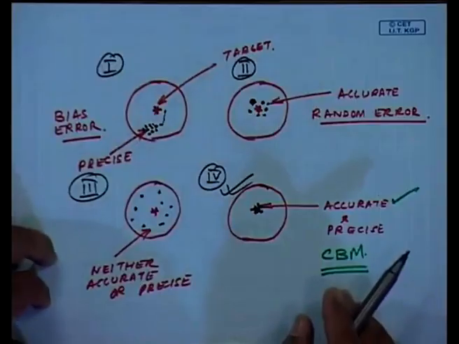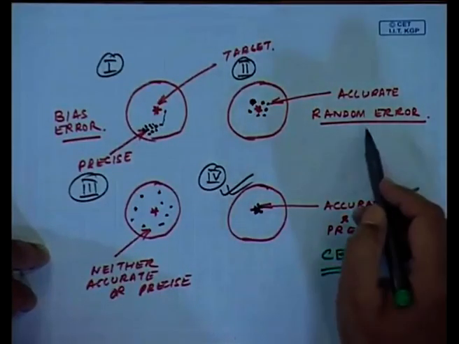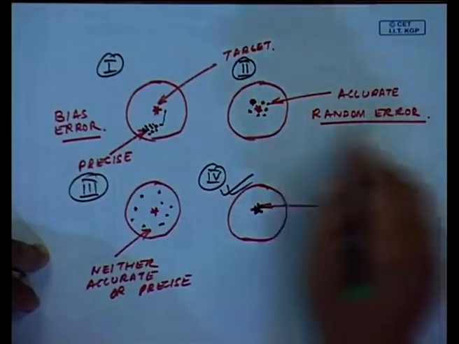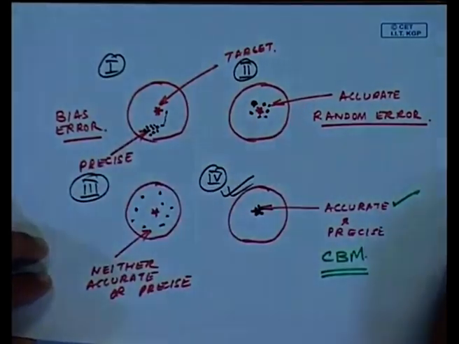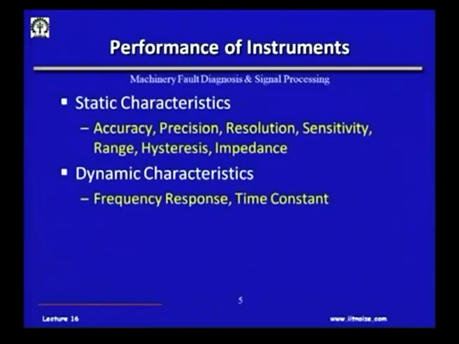So, accuracy and precision go hand in hand, and then as CBM we have to remove this bias error and random error, and this is done by reducing random error by doing more averages, and bias error by doing a calibration. Okay. And some of the other important characteristics are the resolution, sensitivity, range, hysteresis, impedance, etc. Resolution is the least value which my measurement system can measure, and so on.